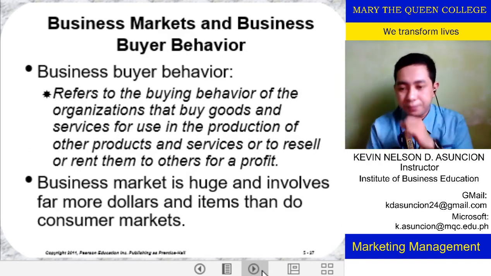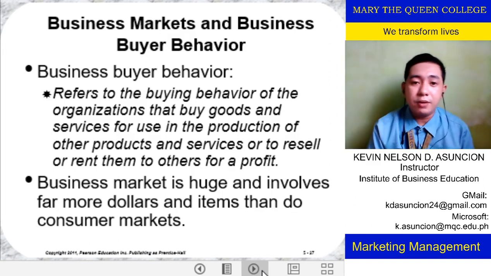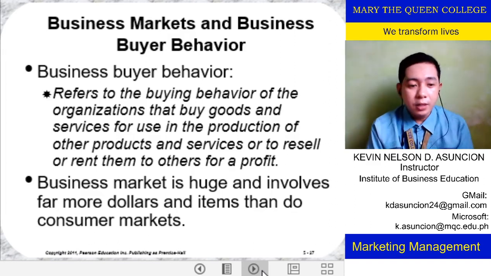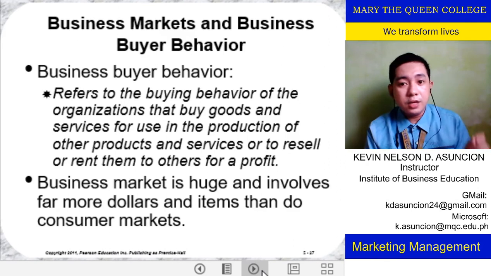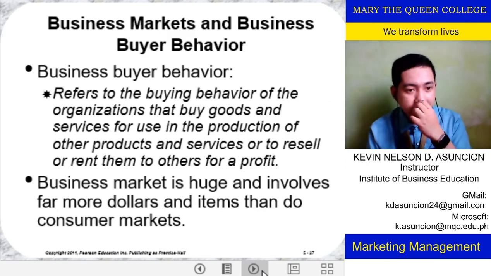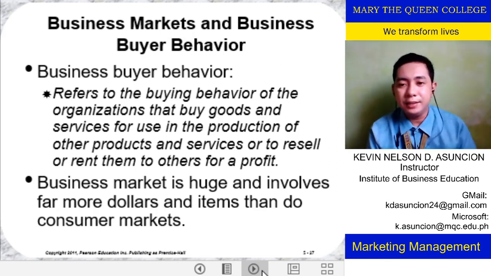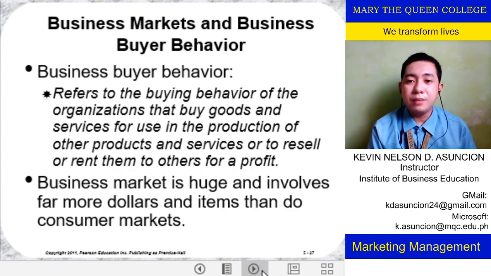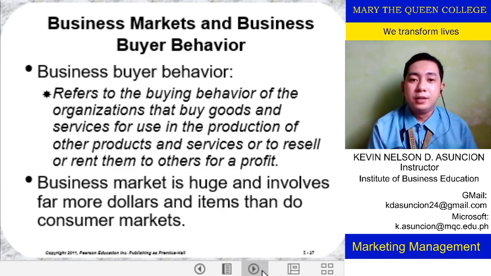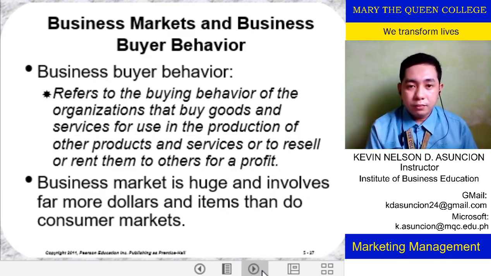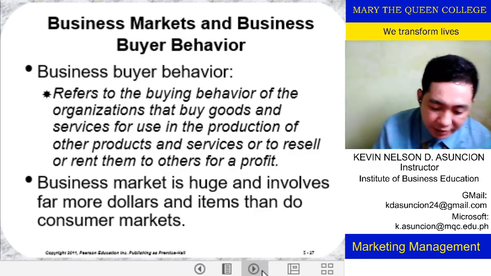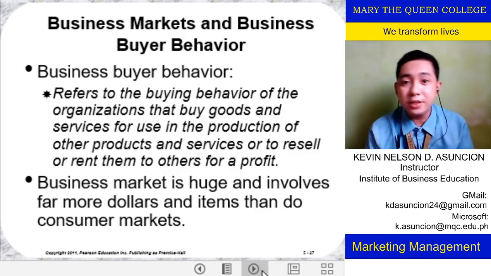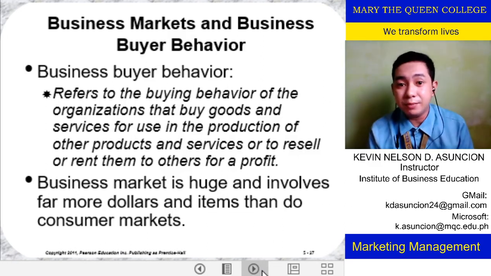Okay, now that leads us to our next part. Earlier we were discussing the consumers, or the last line of our customers. A business can also target other businesses. That's what we call a business market.